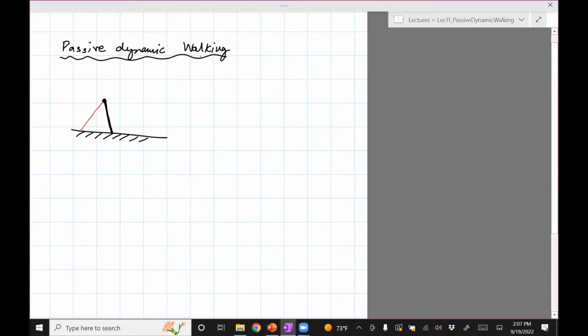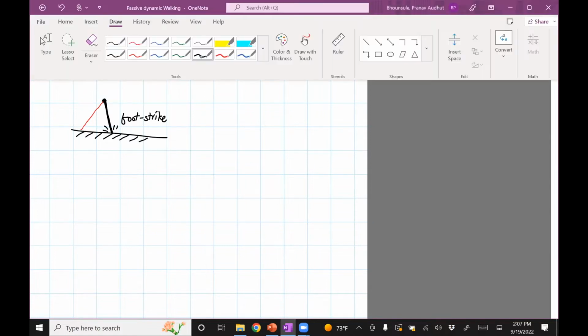So I'll assume that this is the phase where one of the legs, the black leg, hits the ground, and what I'll call the foot strike. Now this one doesn't have a foot like we do, but it's just a point foot. You can add more links to it to make it look like a human, but that just complicates life.